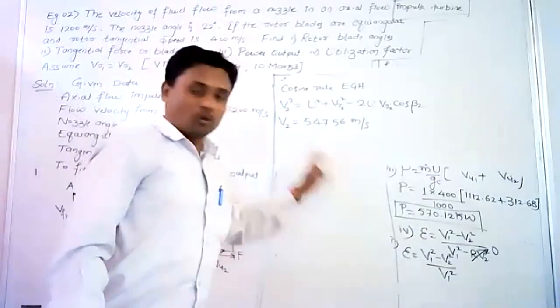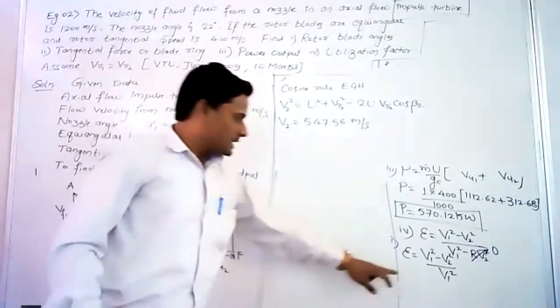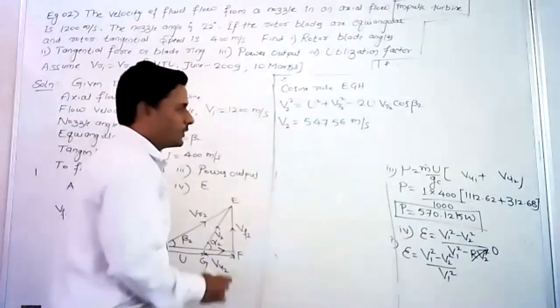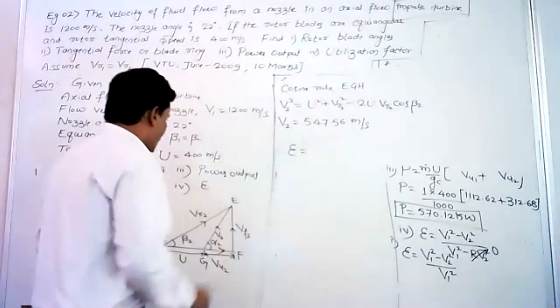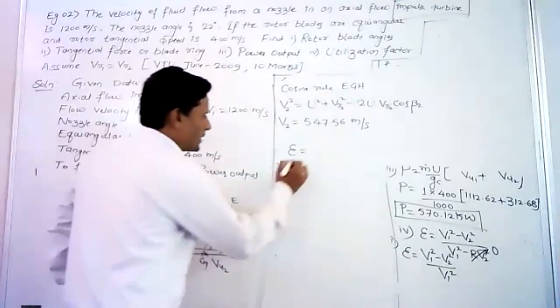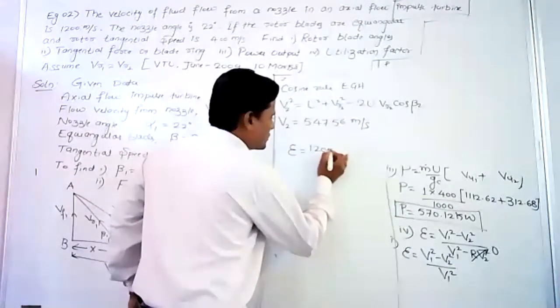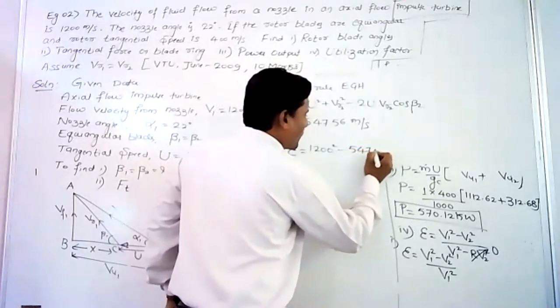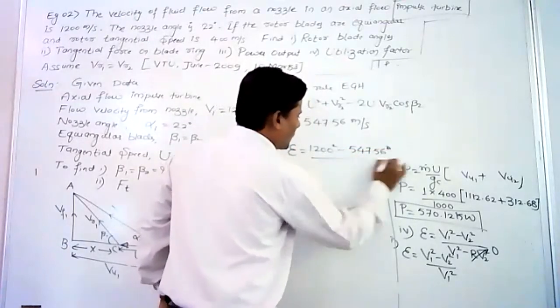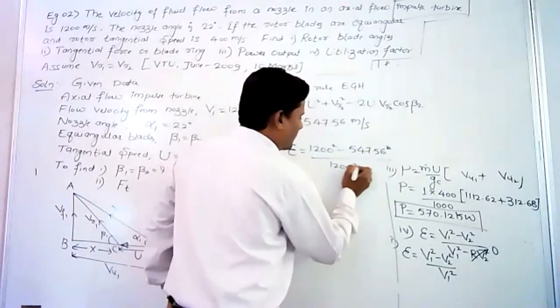Now V1 and V2 both are known. So use these values in this equation to get the value of the utilization factor. Therefore, utilization factor epsilon equals V1 is 1200 square minus V2 is 547.56 square, divided by 1200 square.